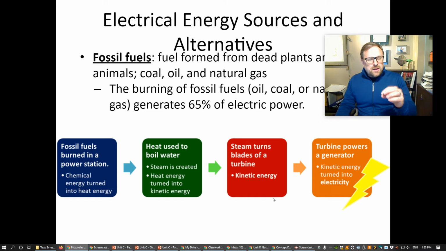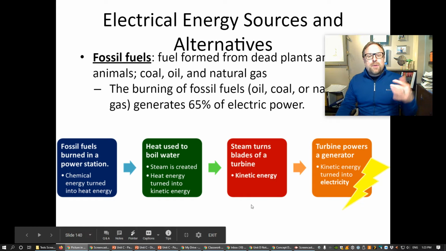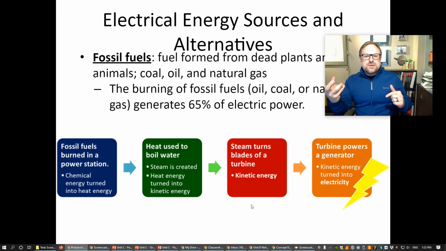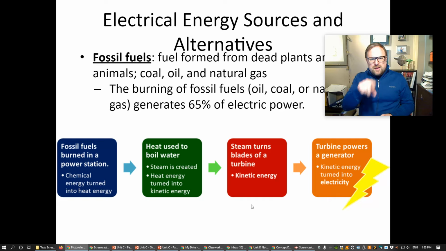So this has us looking back at D3 as well, remembering about generators, that a generator is a device that takes mechanical energy and turns it into electrical energy by spinning a coil inside of a magnet and causing a flow of electrons, and then we siphon that flow of electrons off.